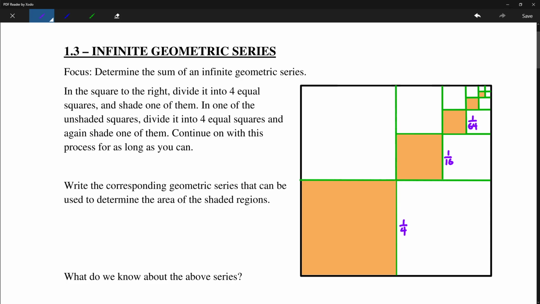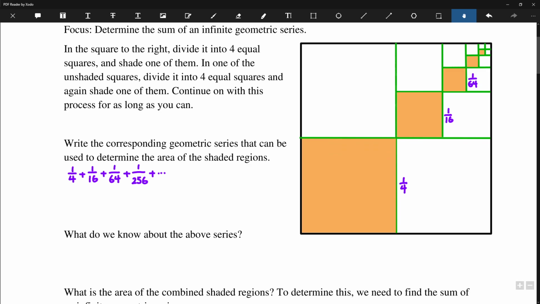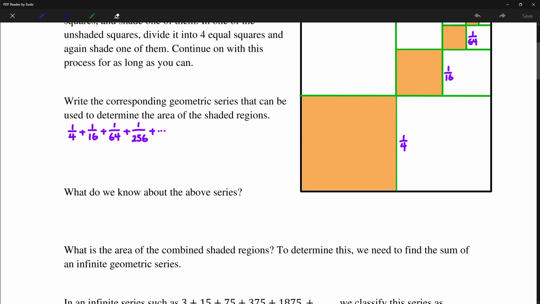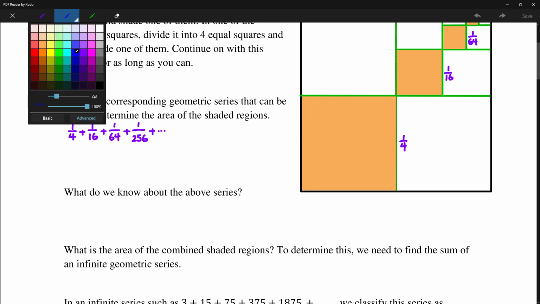So if we are to determine the area of the shaded regions, the orange squares, as this process continues, we'll have 1/4 plus 1/16 plus 1/64 plus 1/256, and so forth. As we can see here, the numbers that we add are going to become smaller and smaller, and they will converge towards 0. And so what we know about this series is that it will converge.